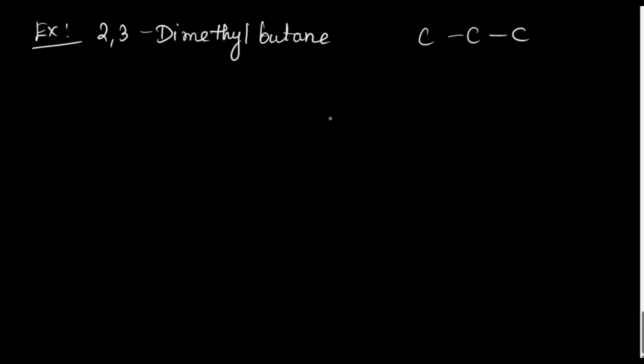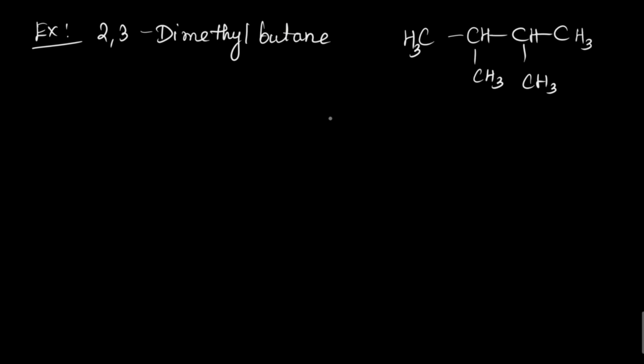Butane, so 4 carbons must be there, 2,3-dimethyl, and the remaining hydrogens. For this structure, we are going to write all the other projection formulas.